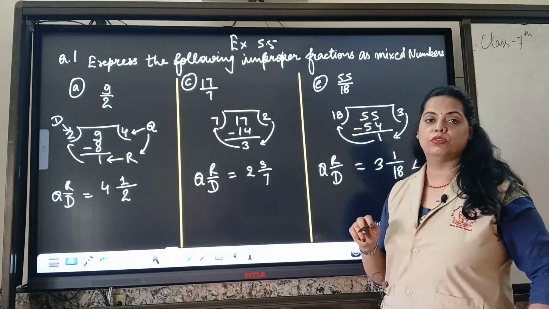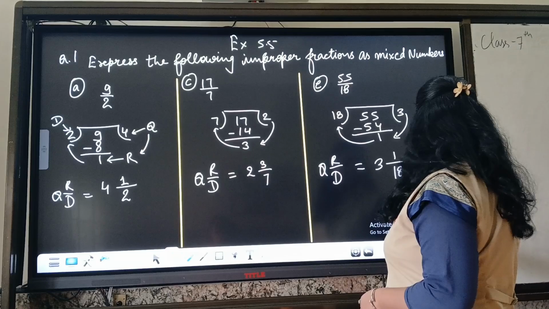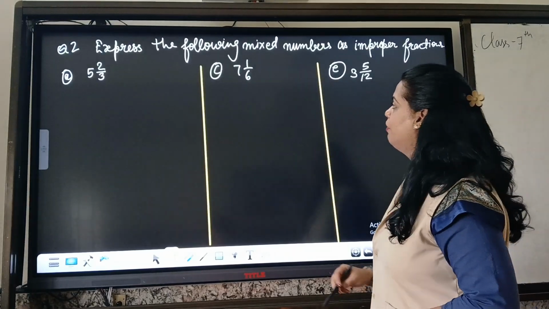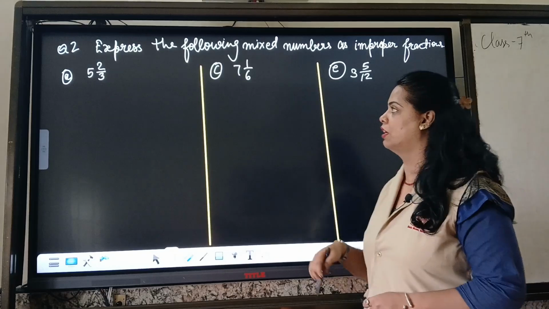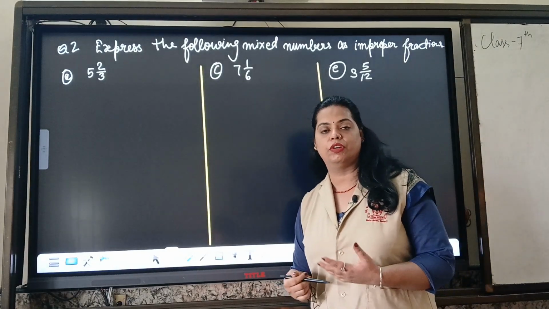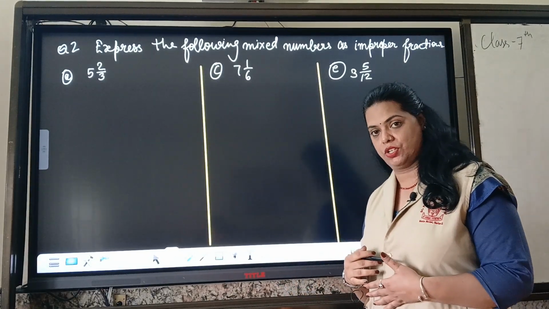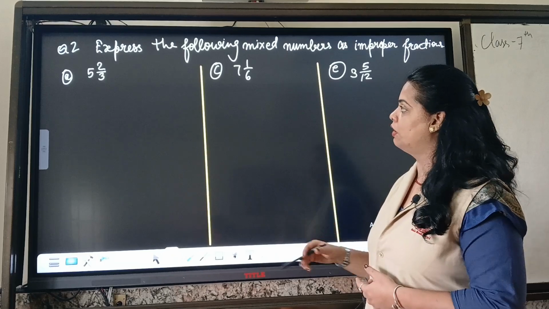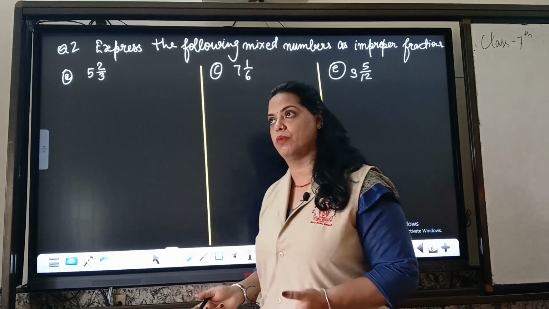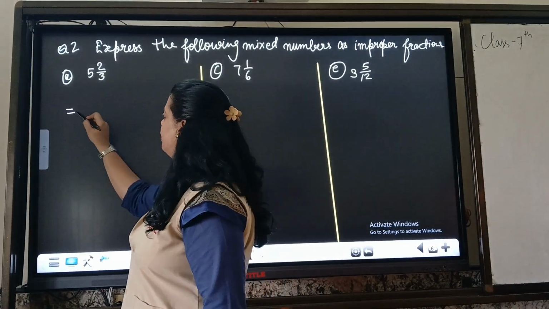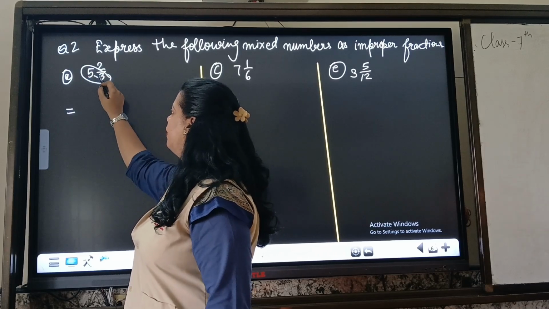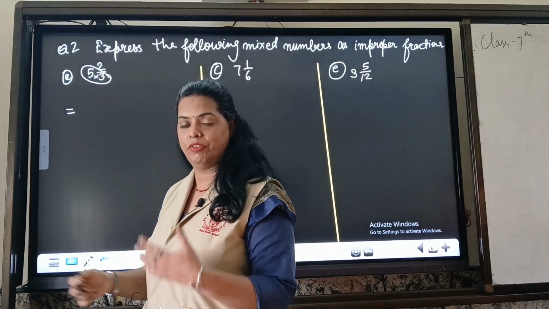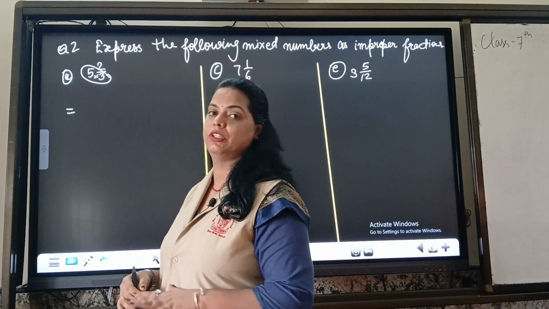Now we are going towards our second question of the same exercise. Here we have to express the following mixed numbers as improper fractions. Earlier in question number 1, we were converting improper into mixed fractions. But here we have to convert the mixed fraction value into improper value. Now what to do? I told you earlier, first we will multiply these two numbers. 5 and 3 will multiply and whatever product we have, we will add to the numerator.